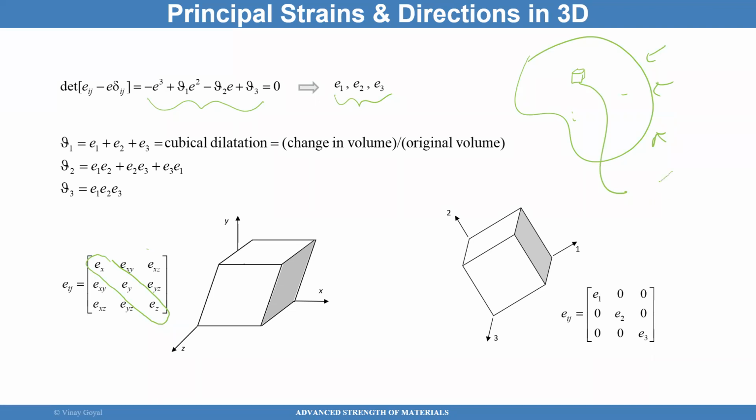After I apply the load, it will deform, it will stretch, it will do whatever. Adding these three terms tells me how much the volume changed from here to the new configuration. So that's kind of cool to know. It tells you the change in volume divided by original volume, which is kind of cool.